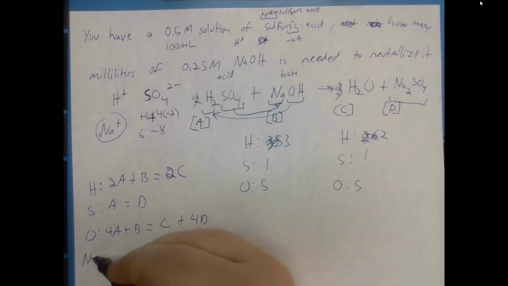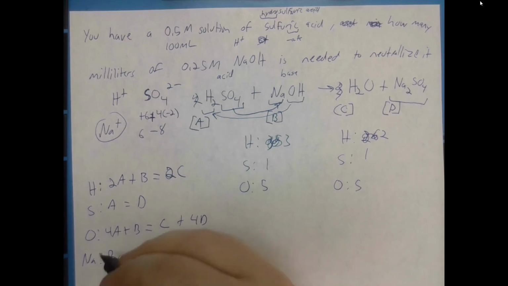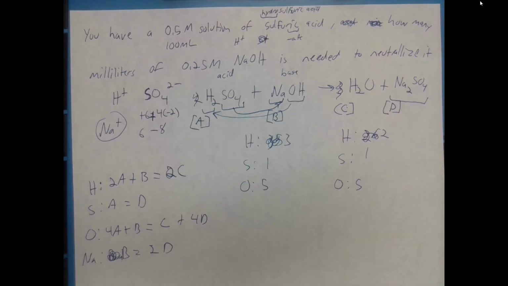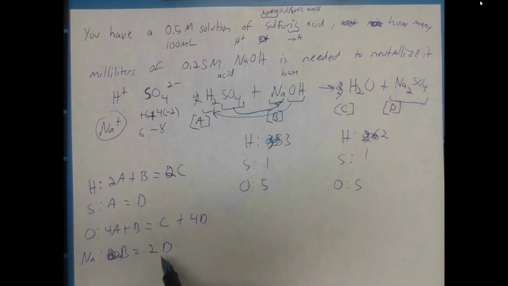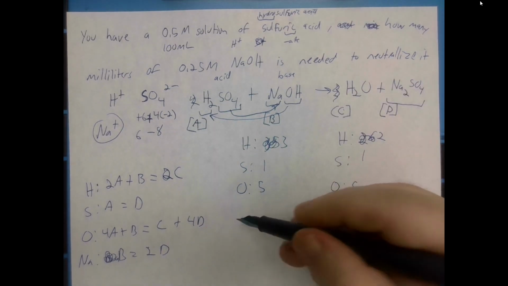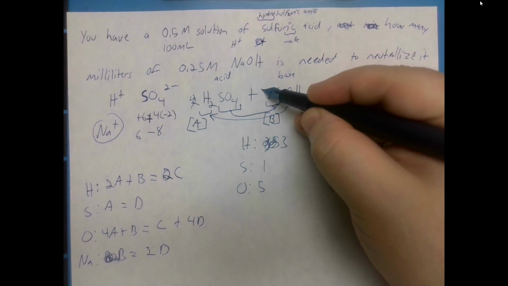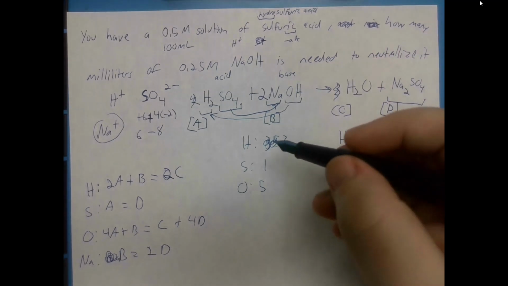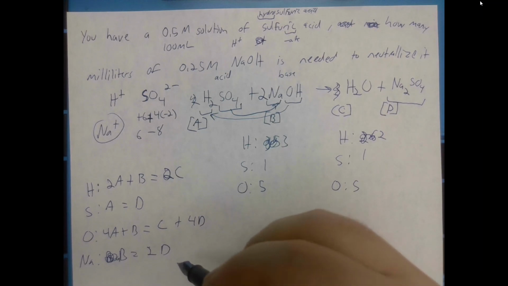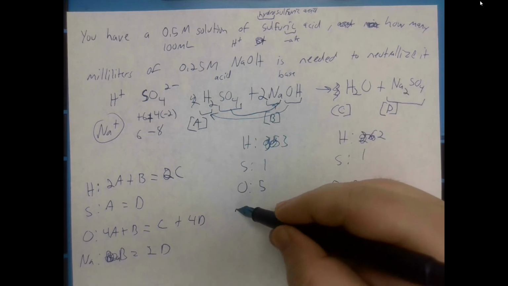And then sodium, B would have to equal 2 times whatever D is. So I know that D is going to be half of B, or B is twice the number of D. So you can already guess, maybe you double this. So let's plug in and say B is 2. Maybe that's the best way of looking at it.